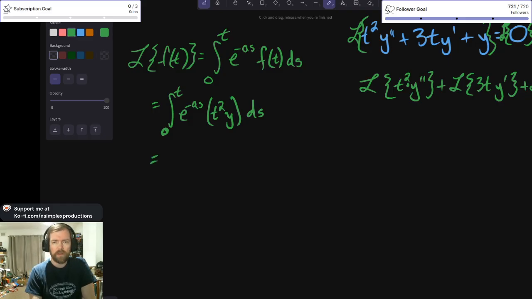So then with respect to integration by parts, we have to decrease the t. Oh, but it's with respect to s, so yeah. Okay.